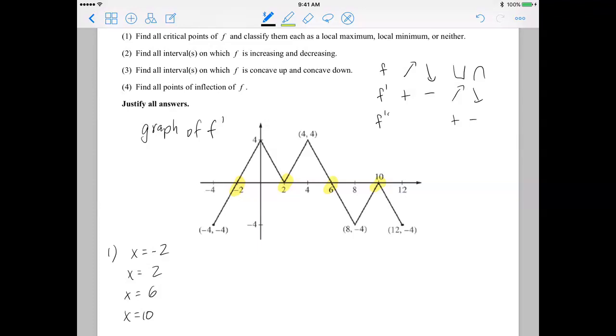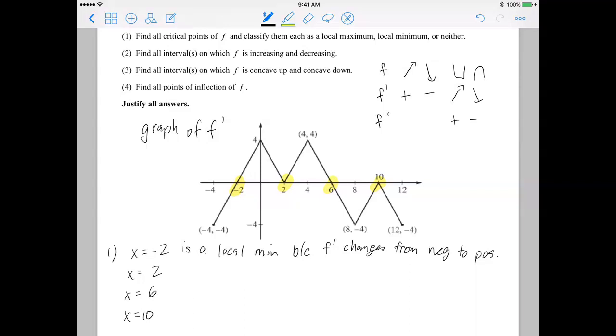So I'm going to write x equals -2 is a local min, and then in order to justify my answer, I'm going to say because f prime changes from negative to positive. Now I have to be very specific here in saying f prime. It's not okay for me just to say it or the graph or even the given graph. We have to say f prime changes from negative to positive. I always want to make my argument based on what I am given.